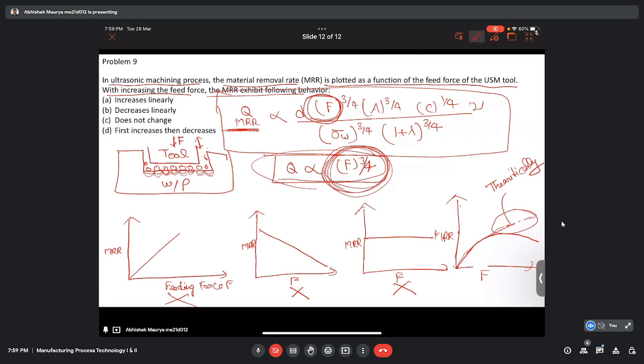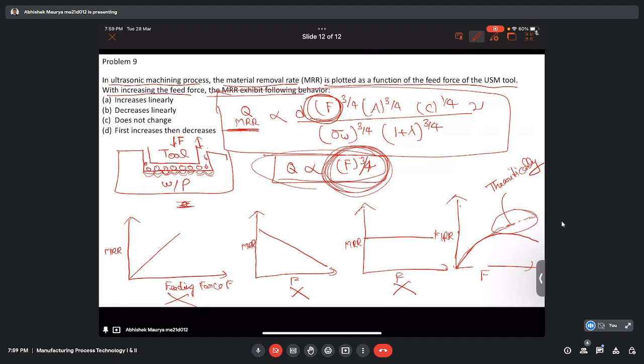We cannot keep on increasing the load and continuously get higher MRR. Why? Because if we give a very high load, a time will come when the abrasive particle itself gets crushed, after a certain value of its ultimate tensile strength.